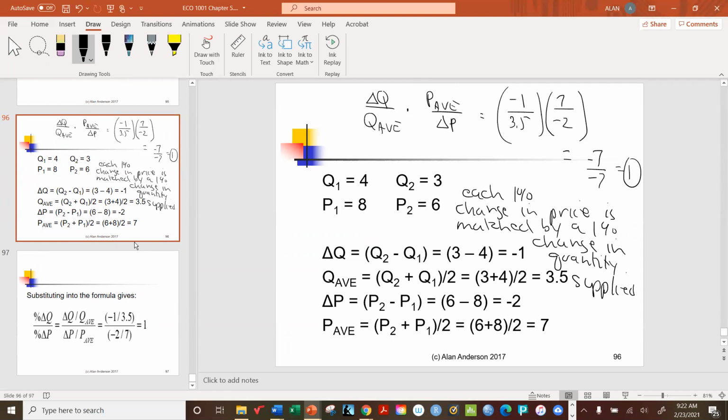All right, so that's how it works, at least along this portion of the supply curve. The elasticities will be different at different points along that curve as well, but here it's equal to 1.